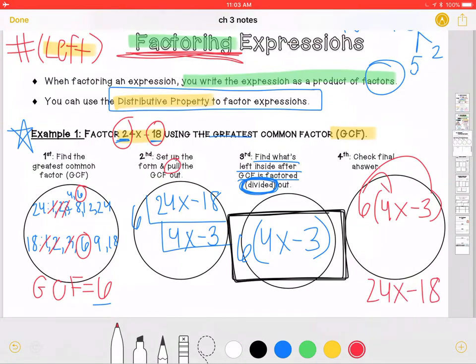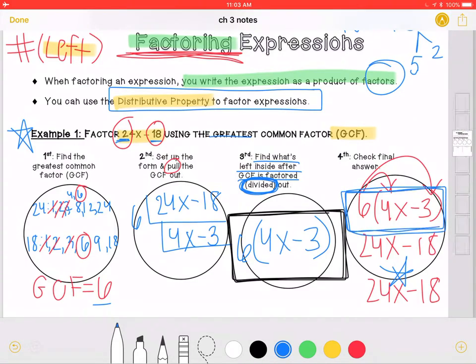Let's distribute 6 in. What's 6 times 4? We get 24x. 6 times 3, we get 18. Did I get my original? Yes, so I know that I'm correct. This is your answer. That is factoring an expression.